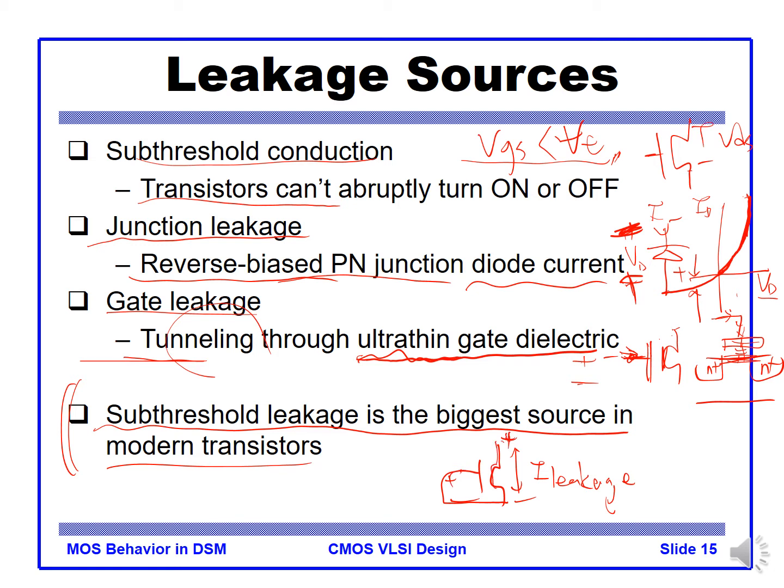For example, with an inverter, the gate is driven to 0, and the output will be at VDD. Even though the NMOS is turned off, there's a finite voltage across the drain and source of the NMOS, so a leakage current still flows through the device.